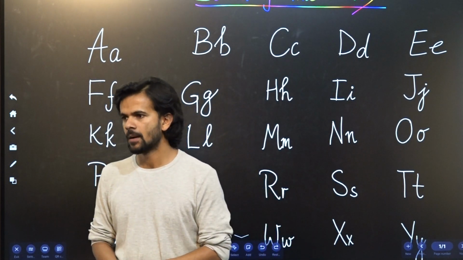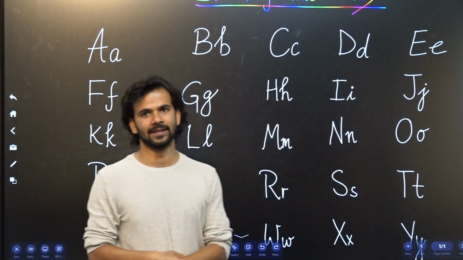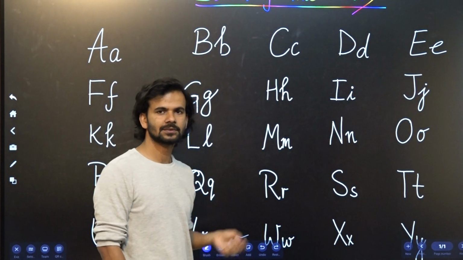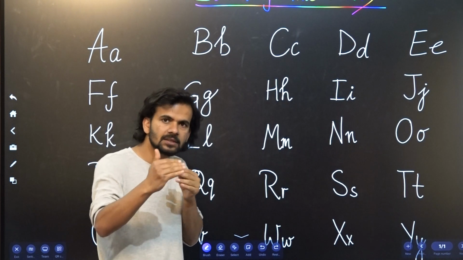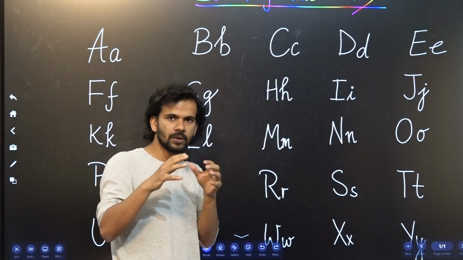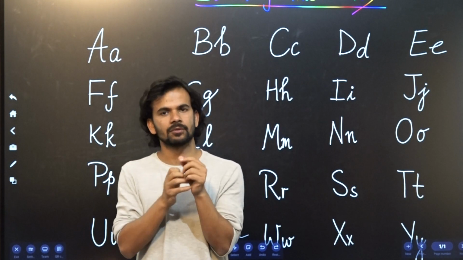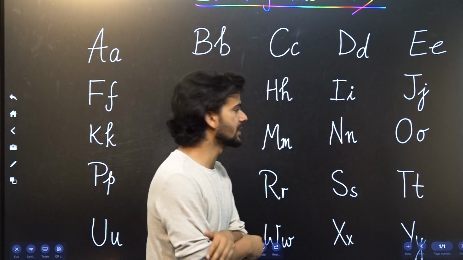Or you can say b, b, ball, something like that. This is k. You have to click the sound at the end. You don't say k, but k. Because when you say k, it is k plus a. So there are two sounds actually. So that has to be taken care really well.